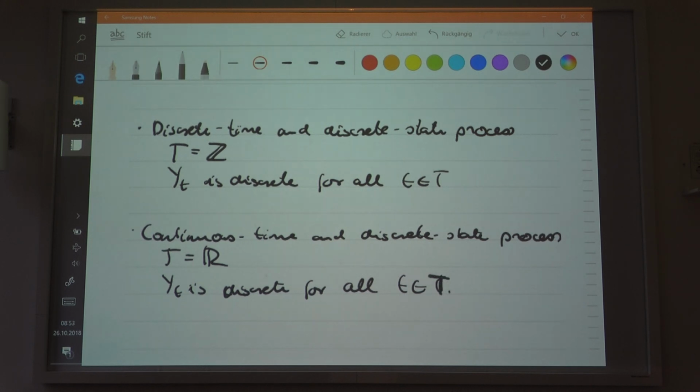We don't look at stochastic processes that change this property.